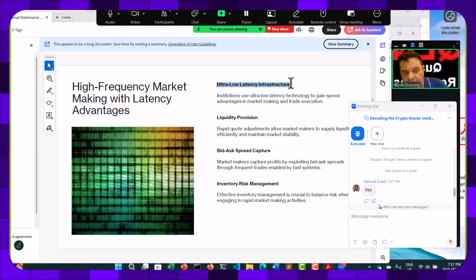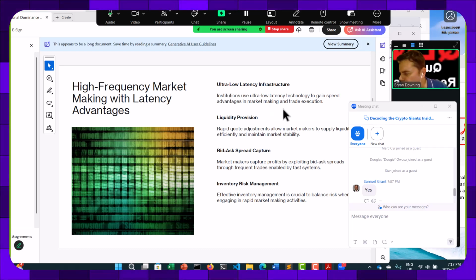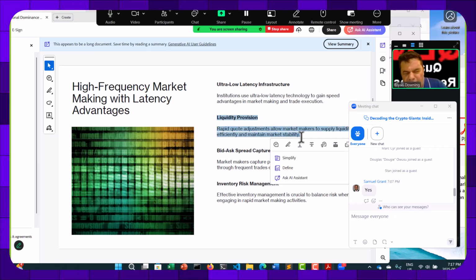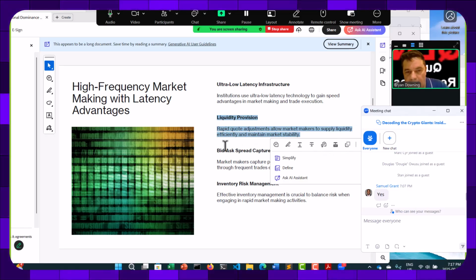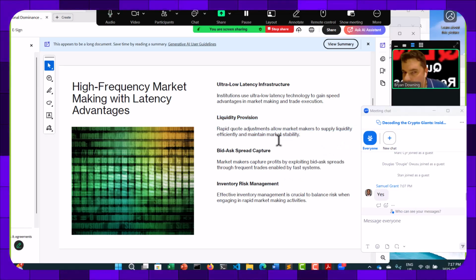So what they need here is ultra low latency infrastructure. I'm sure you already know about FPGA. If they're doing market making, they'll provide liquidity in the market, and they have to maintain market stability.